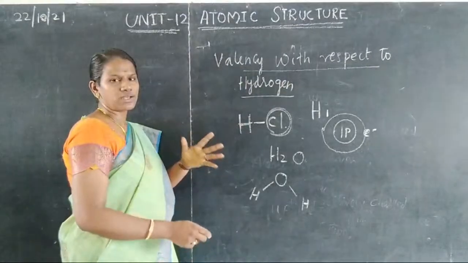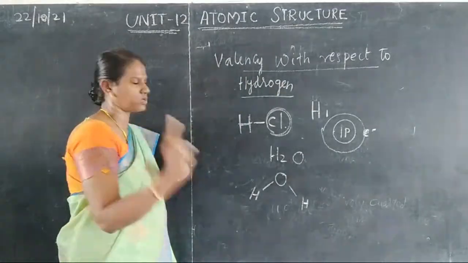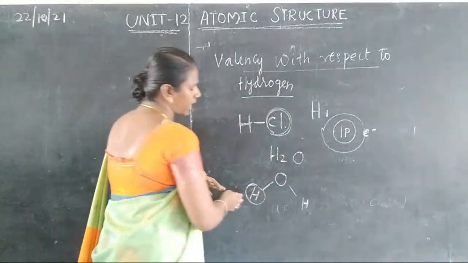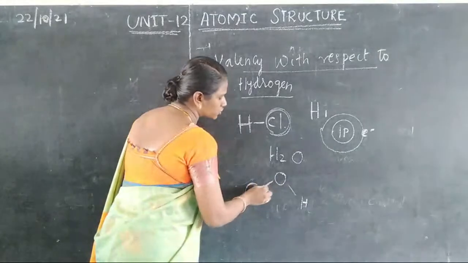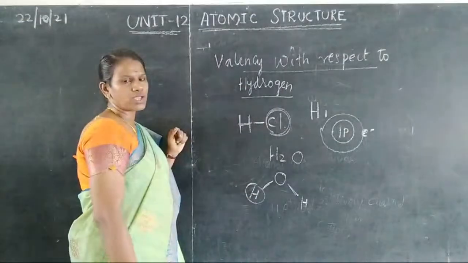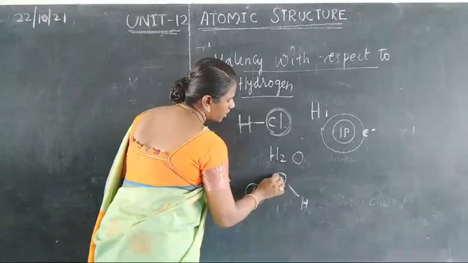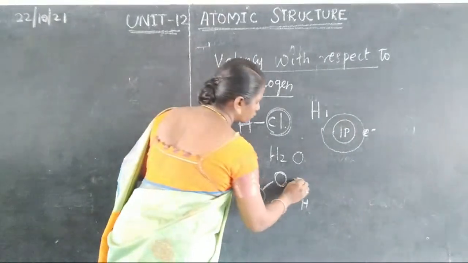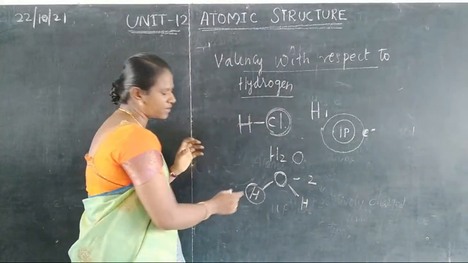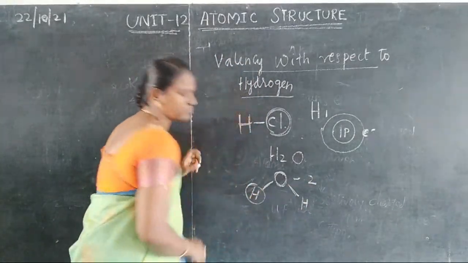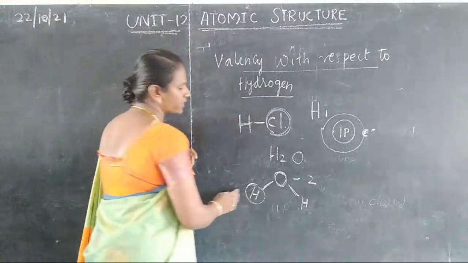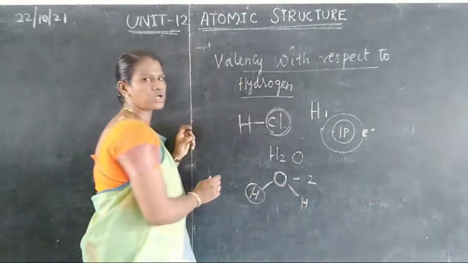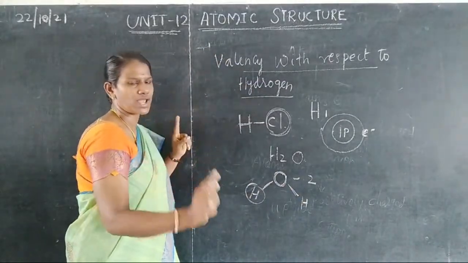We already know that the valency of hydrogen is 1, and hydrogen can combine with only one atom.